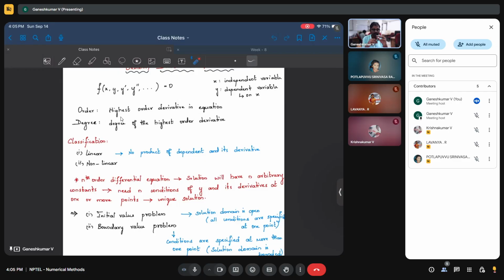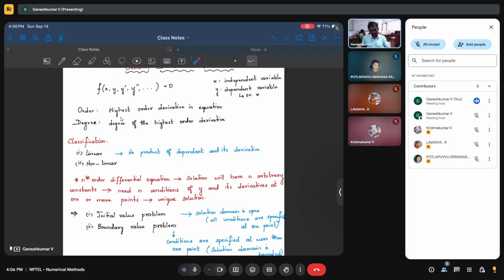We call them partial differential equations, and that is out of scope for this course. In this course we study only ordinary differential equations, where you have one independent variable and one dependent variable, the dependent variable depends on the independent variable, and in the equation you will see derivatives of the dependent variable.